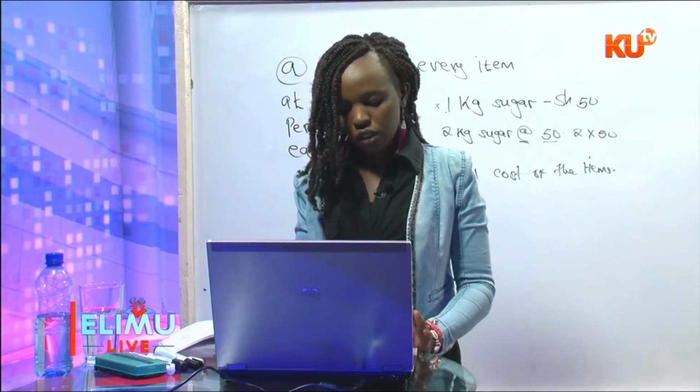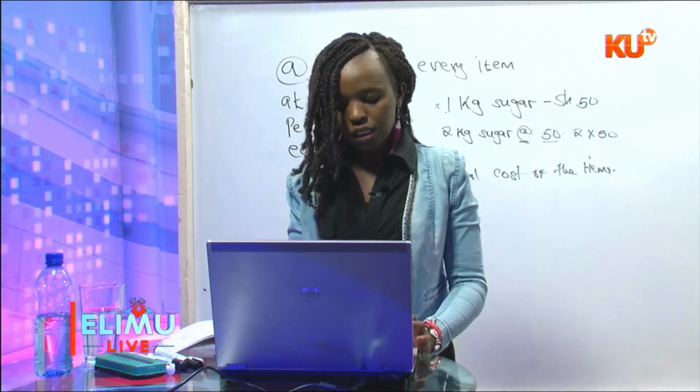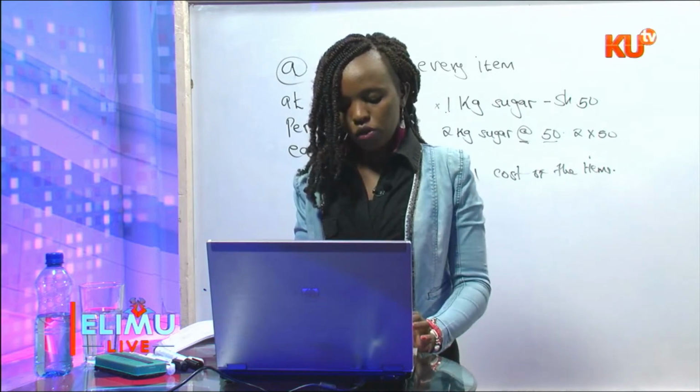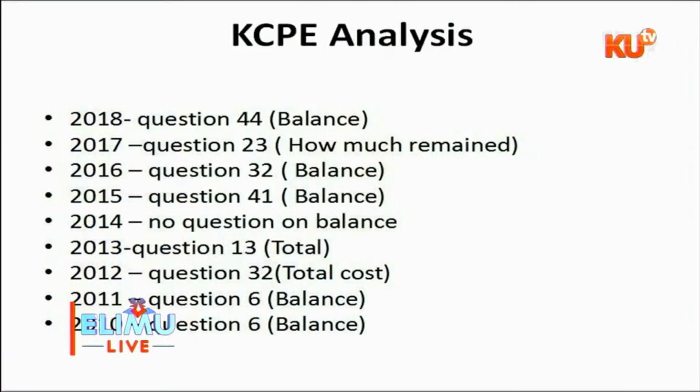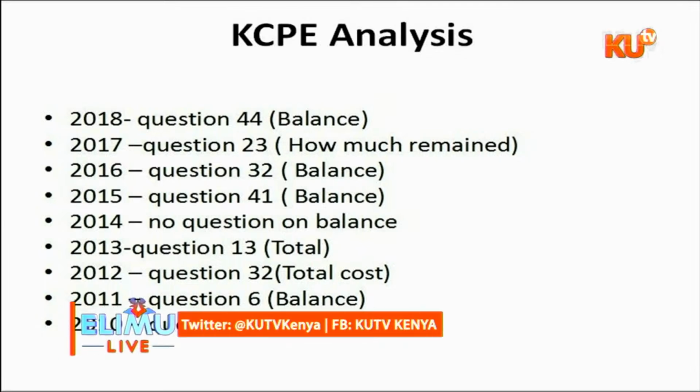So one question is set on preparing bills and getting the balance, and another question involves getting change. So today we are going to concentrate on the questions that want us to get balance. That's what we are going to concentrate on today. So if you look at the KCPE analysis for the last 8 years, from 2018 to 2010, you can see last year, that is 2019, they didn't bring a question on balance.